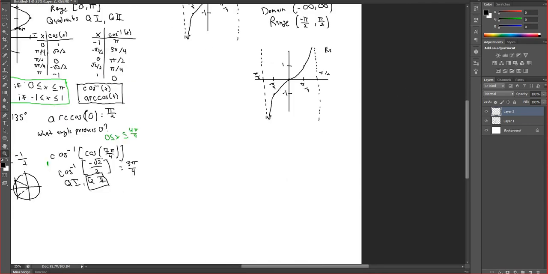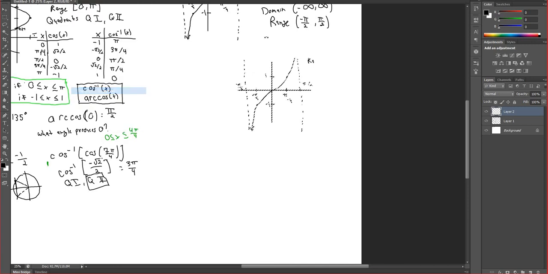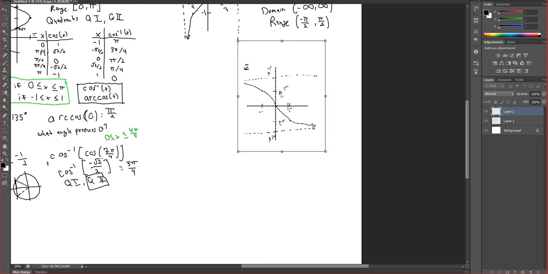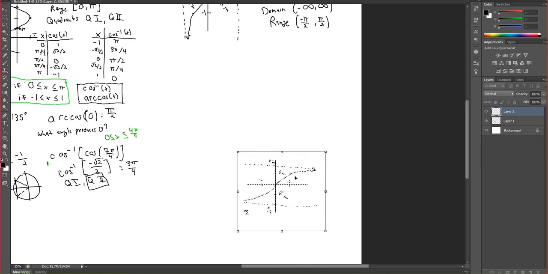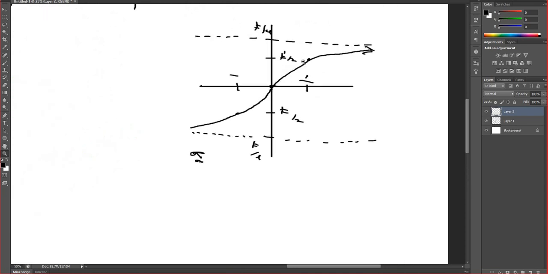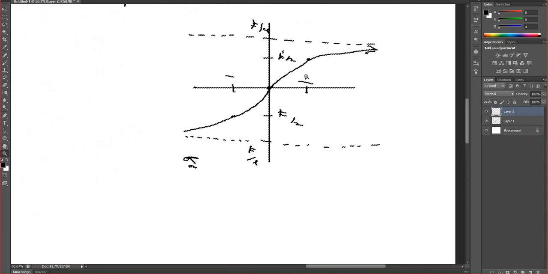I did an image instead of the layer. There we go, transform selection. Rotate it, and then I'm going to mirror it. Okay, so I have now rotated and mirrored my graph.